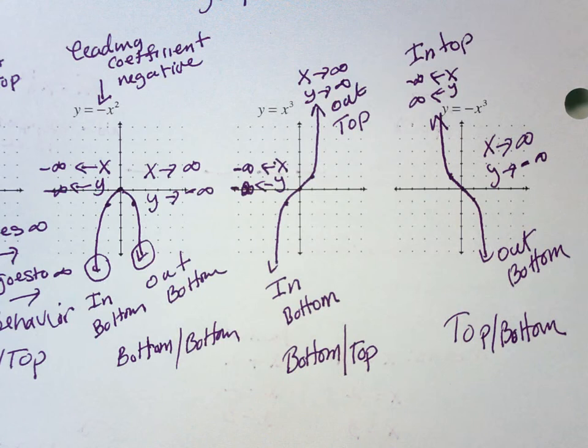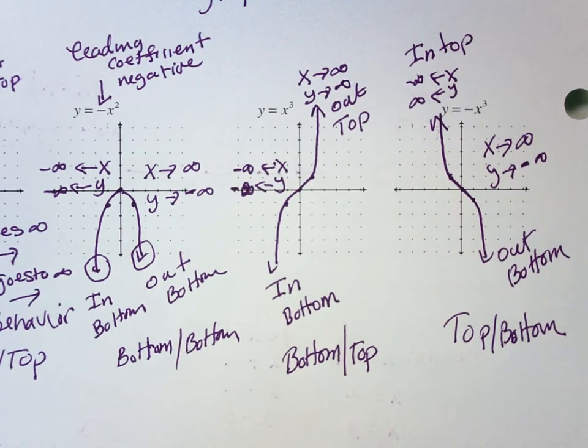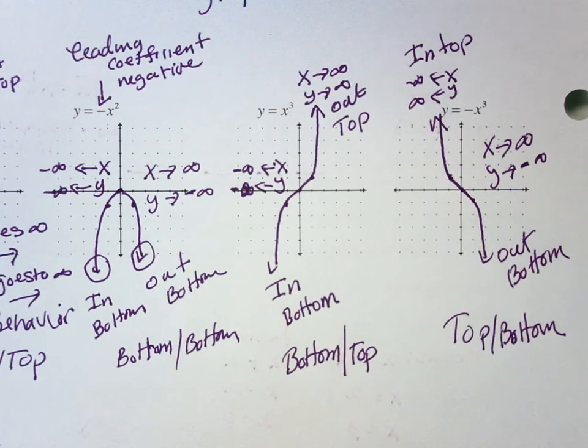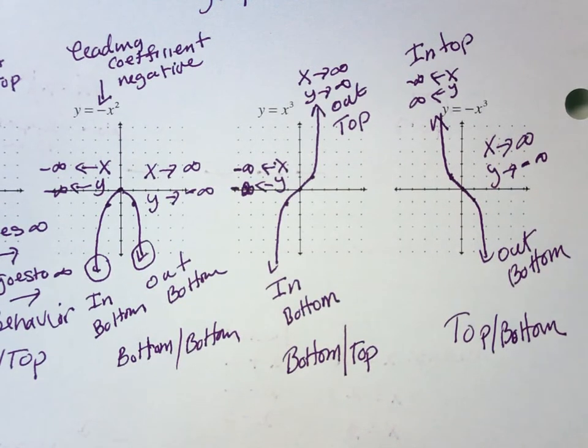The other thing that I remember is this. If I have an odd degree polynomial, what letter does odd begin with? O. What letter does opposite begin with? O. So odd is opposite. Which means if odd is opposite, then even has to be the same, because they're either the same or they're opposite.